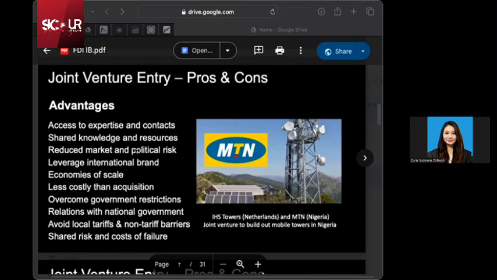Rather than having to purchase or buy a company, a joint venture is much less costly compared to acquisition. And then overcome government restrictions, because in order for us to, let's say, have a greenfield FDI, we have to adhere to and take a look at the national regulations, okay, and there are a lot of government restrictions on what can be done and what cannot be done in terms of maybe taxes, quotas, anything, okay.